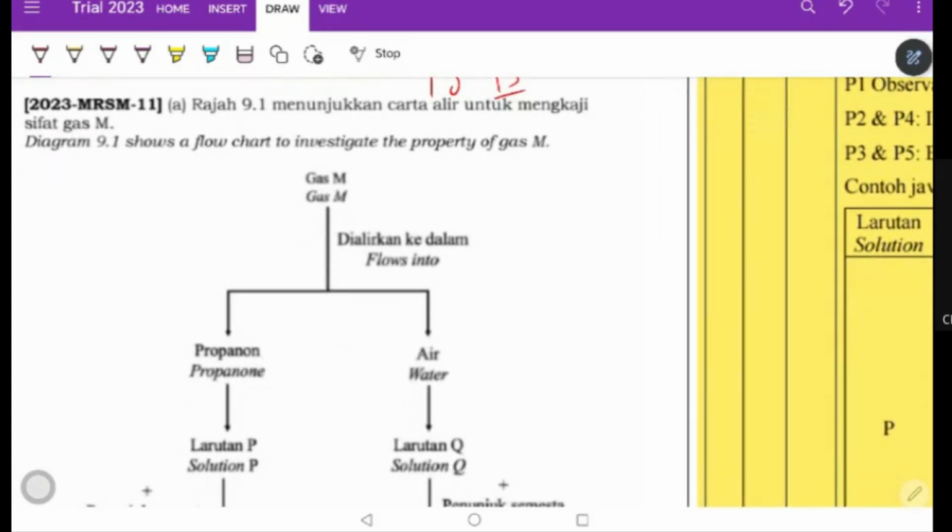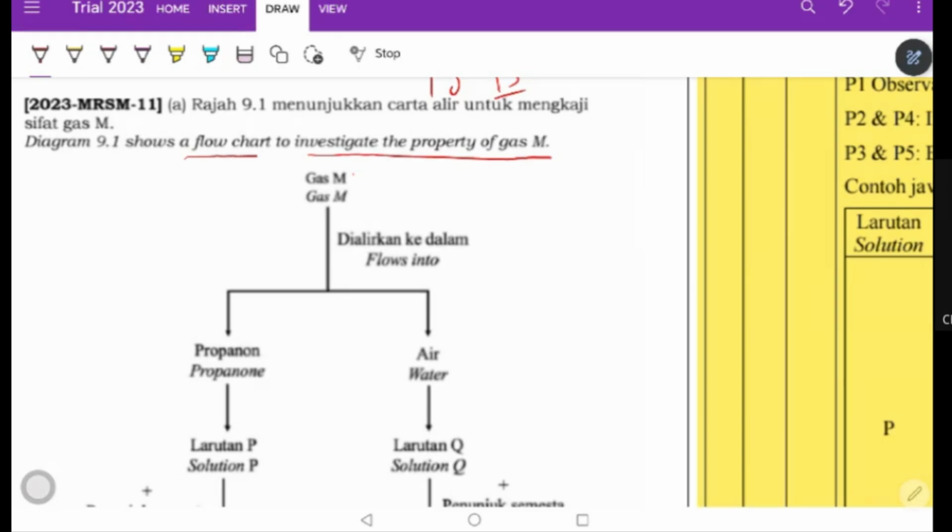Okay. Now we look into this flow chart to investigate the property of gas M. Gas M. So we don't know what is that. Most probably is acid, because alkali no example for alkali.